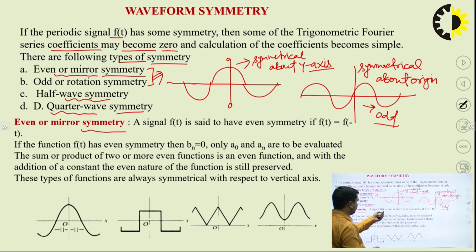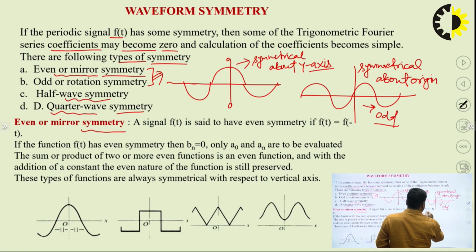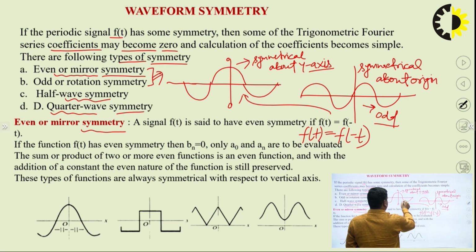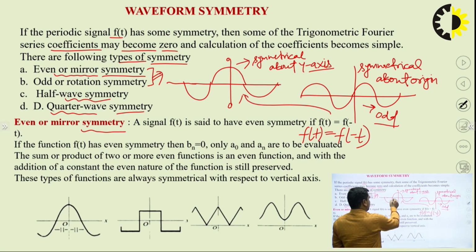The signal f(t) is said to have even symmetry if f(t) equals f(-t), and here you can see the same values at 0, pi, minus pi.